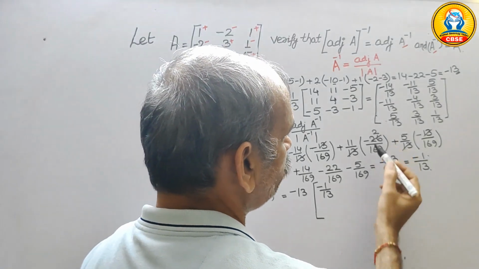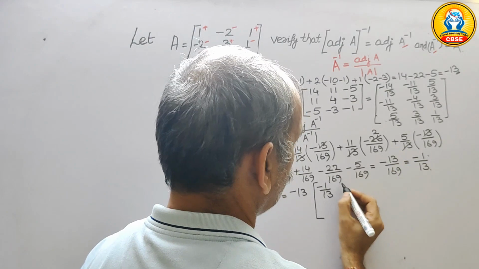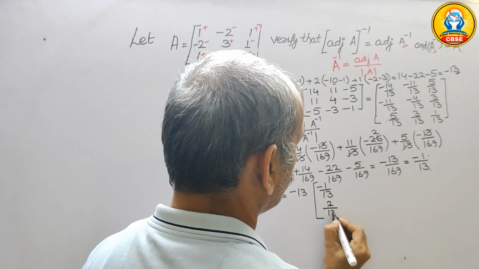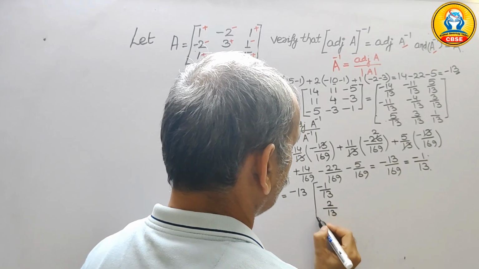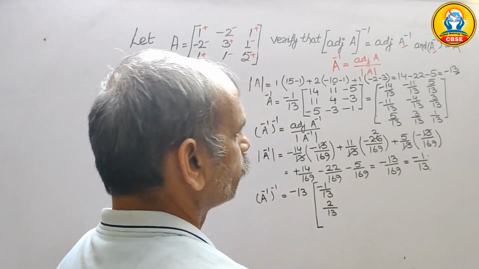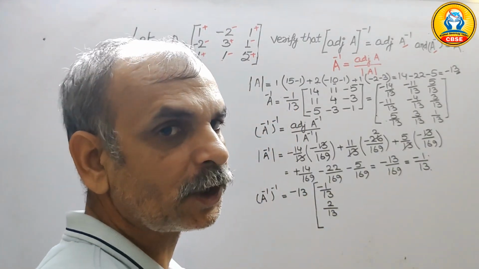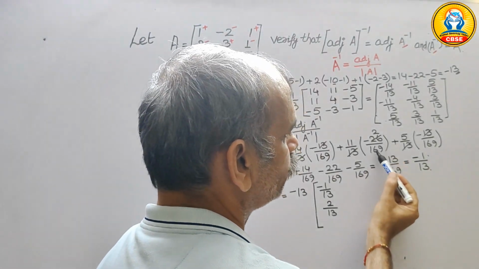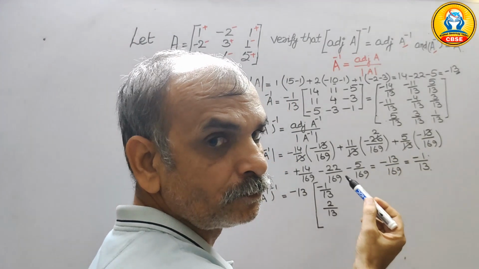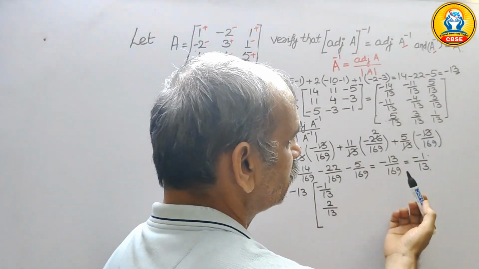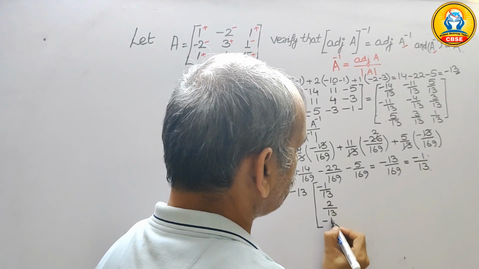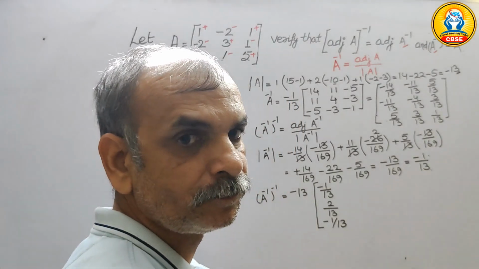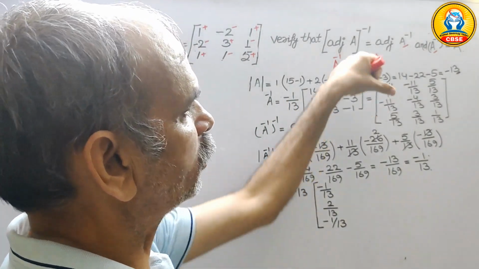If you reduce it, you will get 2 by 13. 2 by 13. Why means we have to reduce this way, not this way. Next is this. So that is minus 1 by 13. Same. Next we have to go for this value.